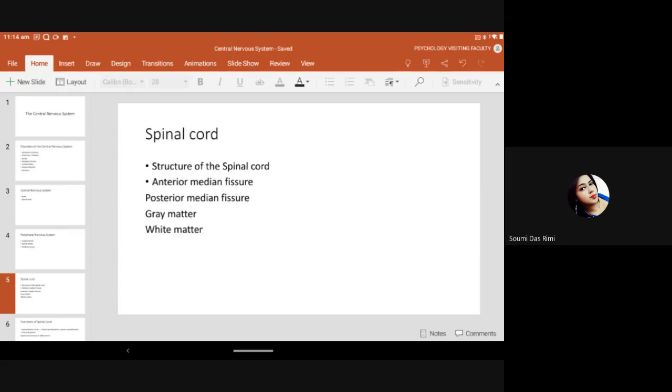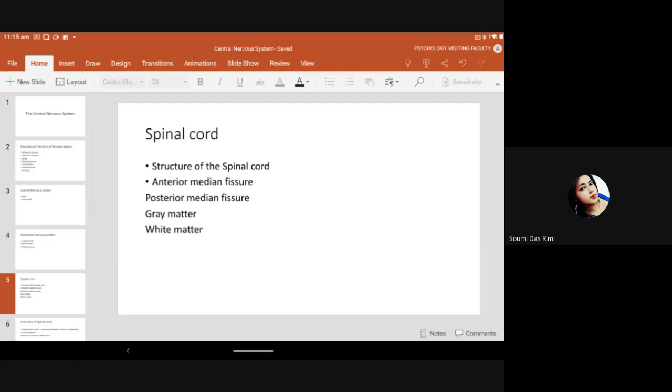Now there are nerve roots that enter and leave the spinal cord. The dorsal nerve root helps to send the information from the sensory receptors to the spinal cord. And the ventral nerve root carries motor information from the spinal cord to the parts of the body. So, just the opposite. Now, if you see the spinal cord in cross section, it is evident that it comprises two different areas: the gray matter and the white matter.